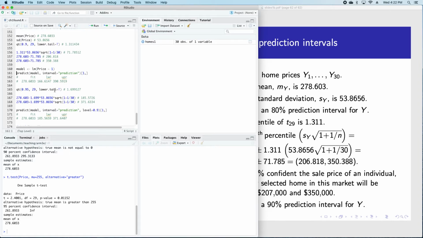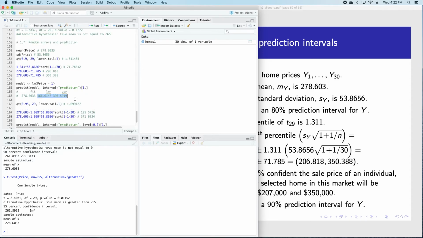But if we predict using this model, then we end up with, this is the sample mean, and then this is our prediction interval here. This is a 95% interval, I believe.